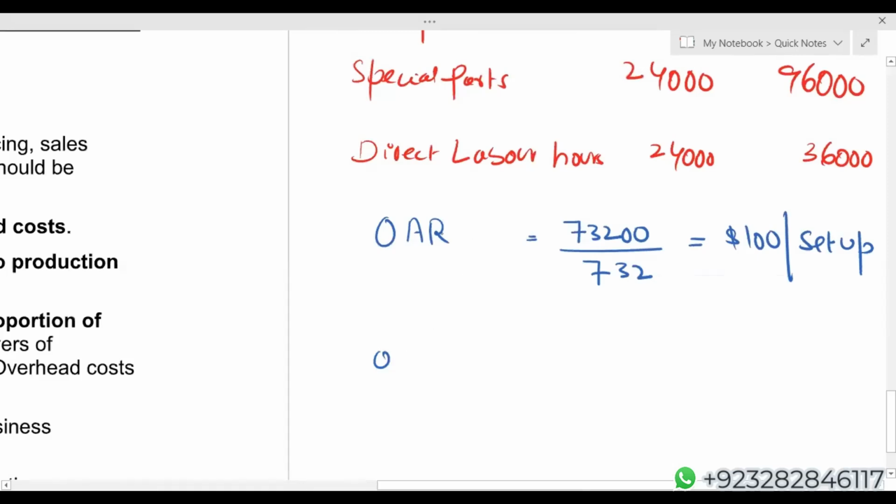The first one is the overhead absorption rate per setup. The second is the overhead absorption rate per special part.